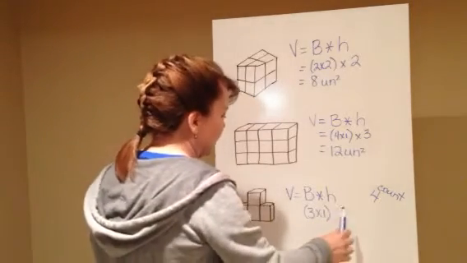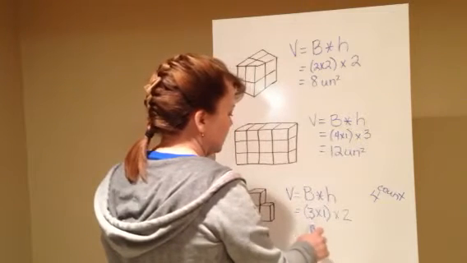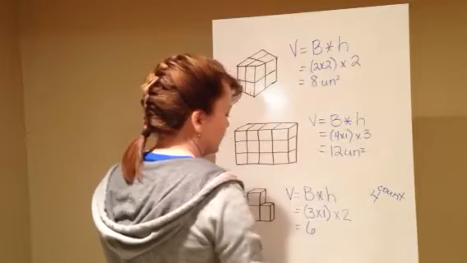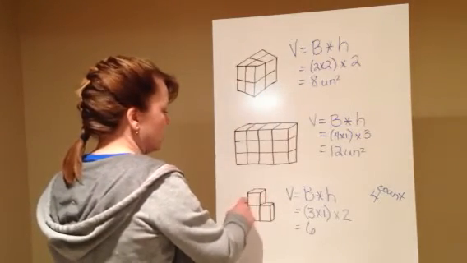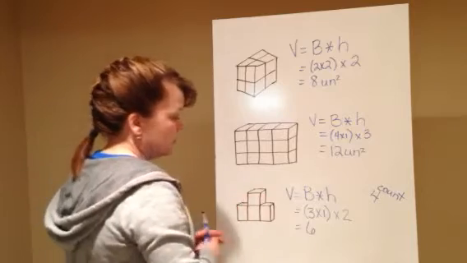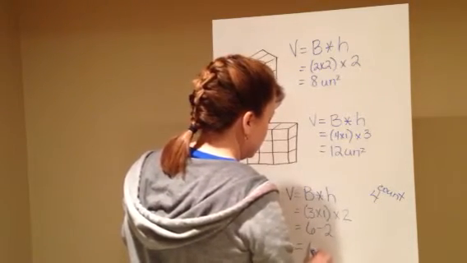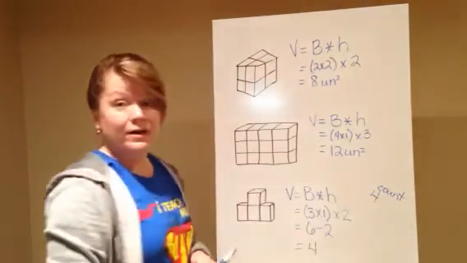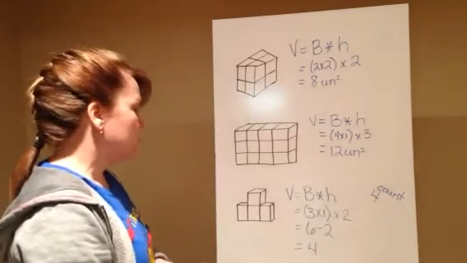So if my height is 2, this would be 3 times 2, which is 6. And then I subtract those 2 cubes that are missing. Well, I end up with the same answer that I got when I actually counted the cubes. Okay?